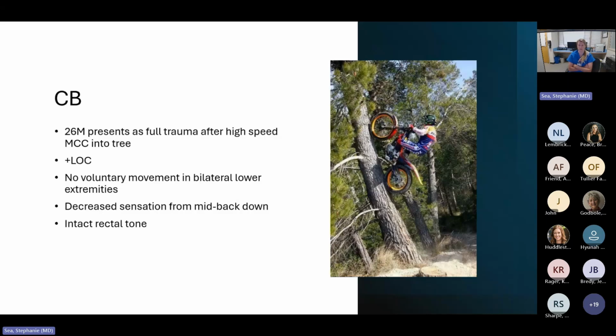Positive loss of consciousness on the scene for almost 30 seconds per bystanders. He was noted to not be moving when paramedics got there. So bilateral lower extremities were not moving. He had some decreased sensation there, but just overall had a lot of problems secondary to his motorcycle crash.